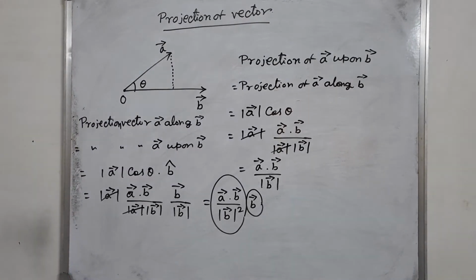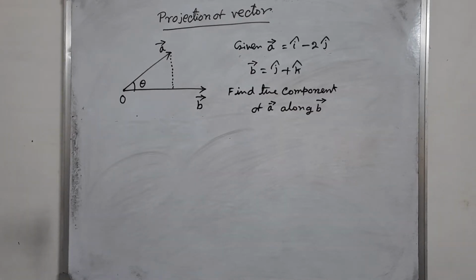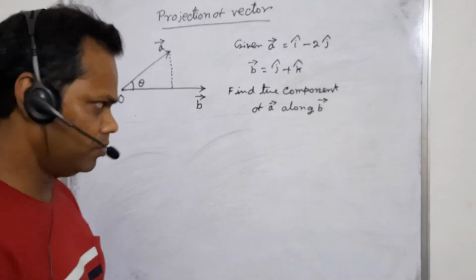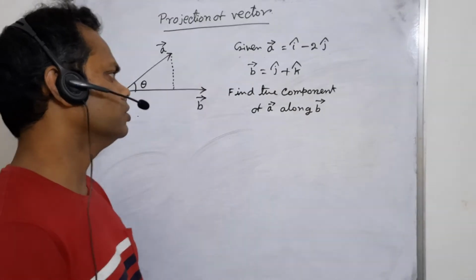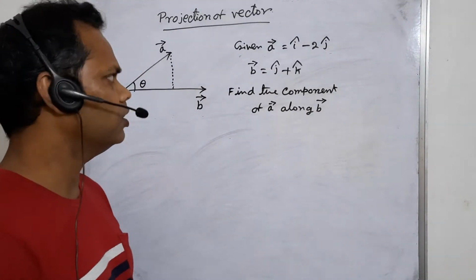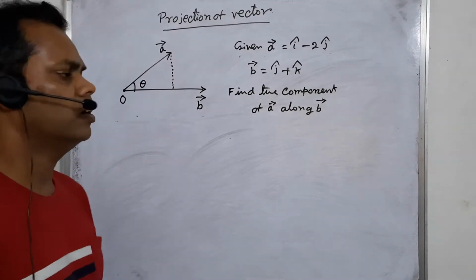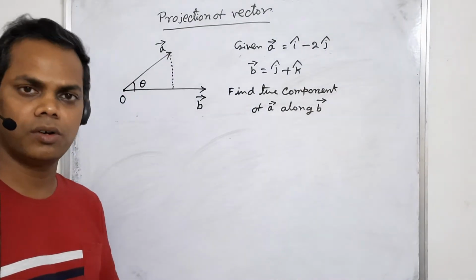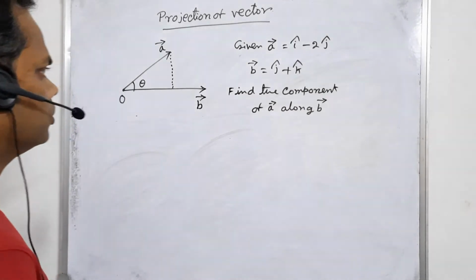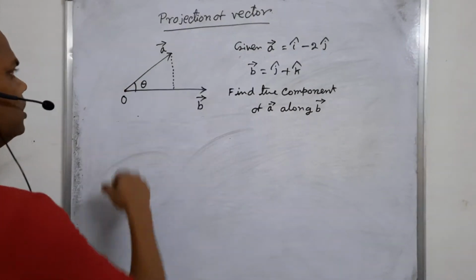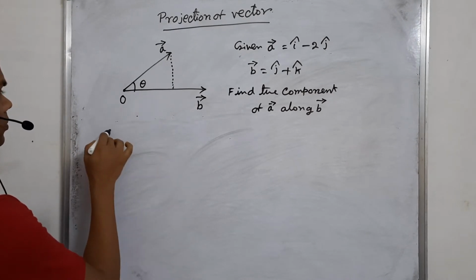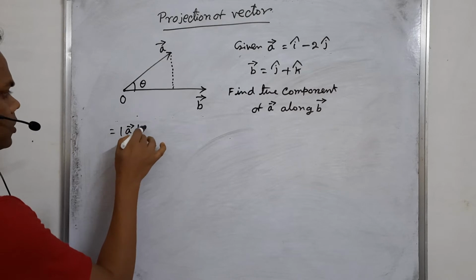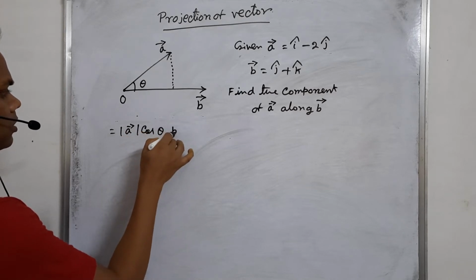The next sum is: given a vector is i minus 2j and b vector is j plus k, find the component of a along b. Now students, you see that the component of a along b, or projection of a along b, or projection vector of a upon b, all the terms are the same. This is the diagram. So the component of a along b is mod a cos theta into b cap.